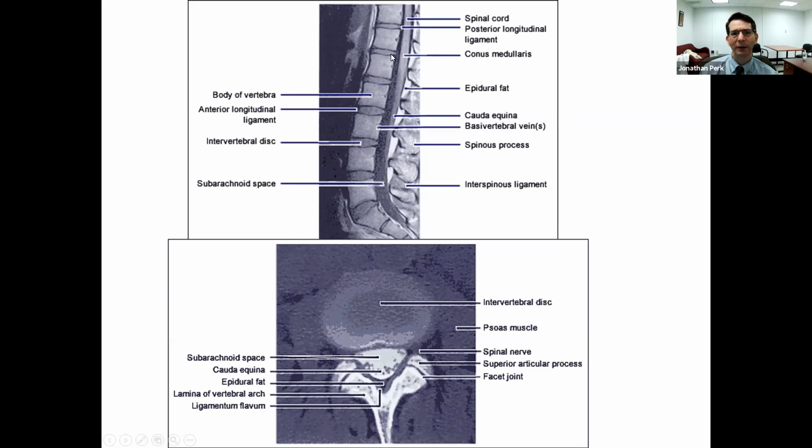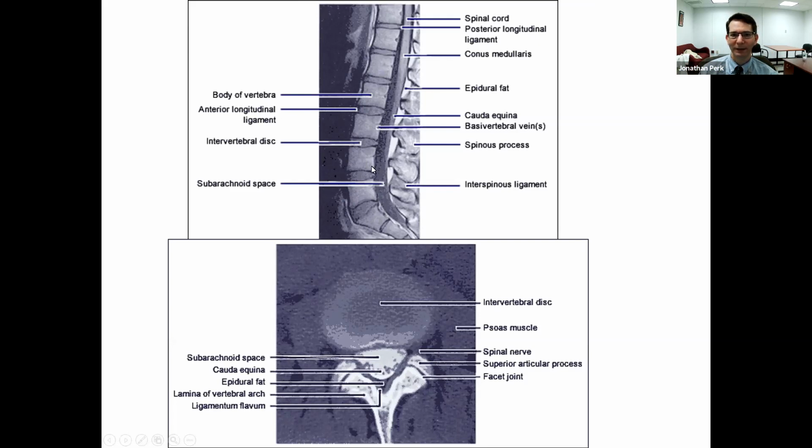Another aspect to note is that everything is held in place by ligaments. We have an anterior spinal ligament that runs anterior to the vertebral bodies, but more important for us is the posterior longitudinal ligament.